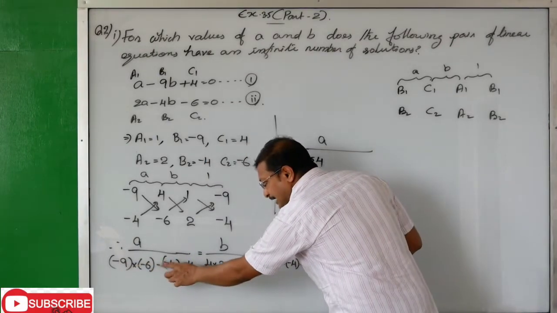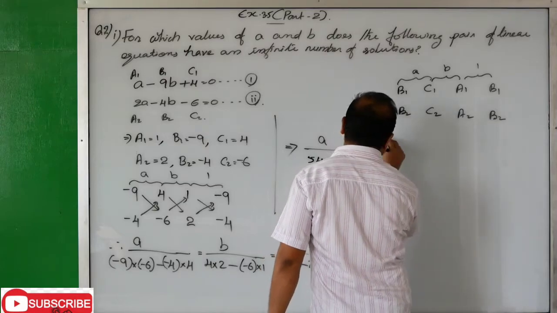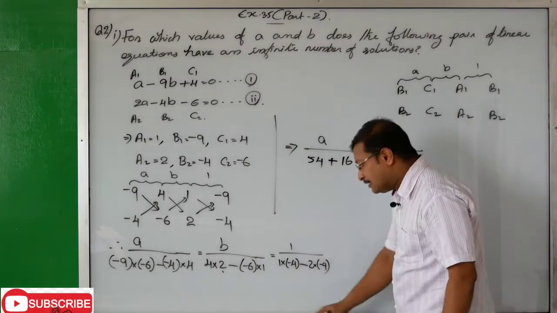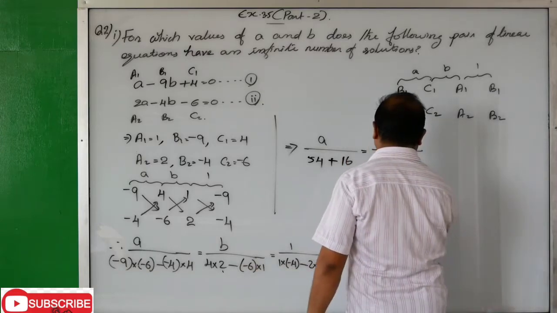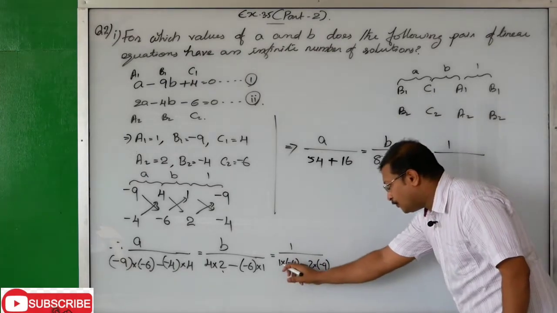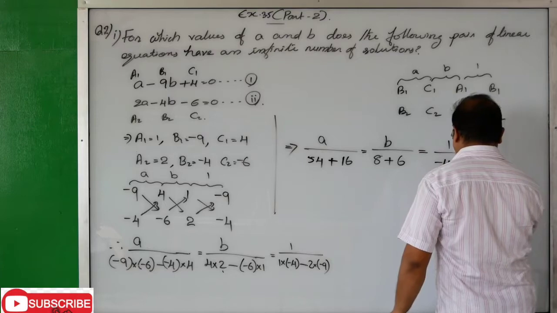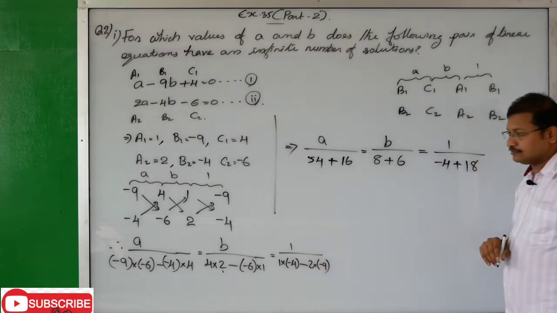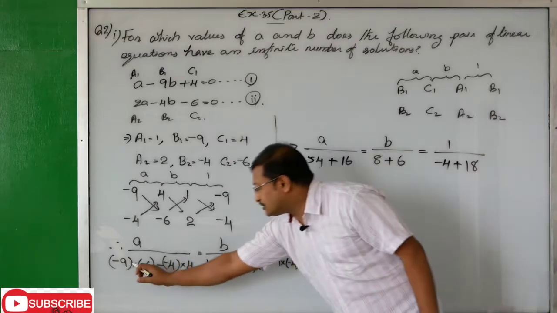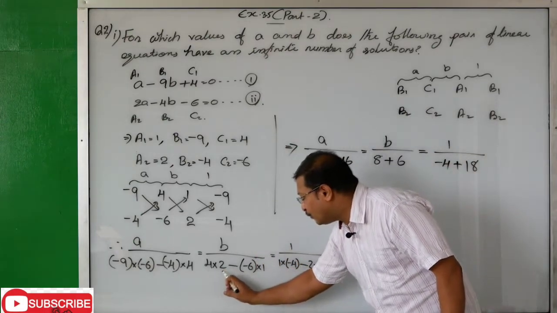After that, minus into minus is plus, then 4 4s are 16, equals b divided by 4 2s are 8.